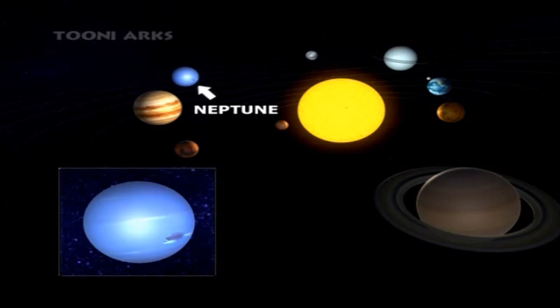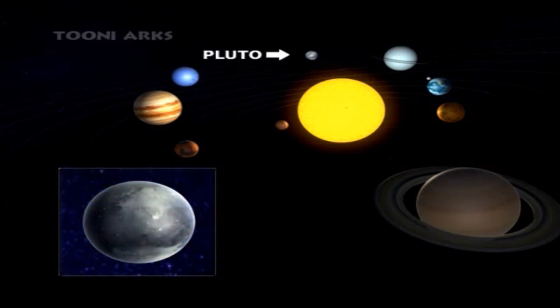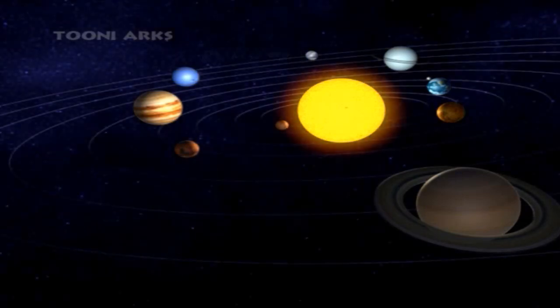Named after the Roman god of the sea, it is the fourth largest planet by diameter and the third largest by mass. This is Pluto. It was known as the ninth planet in the solar system, but has recently lost its status as a planet. But of course, it's still a part of our family. Did you all enjoy knowing about our solar system, children?